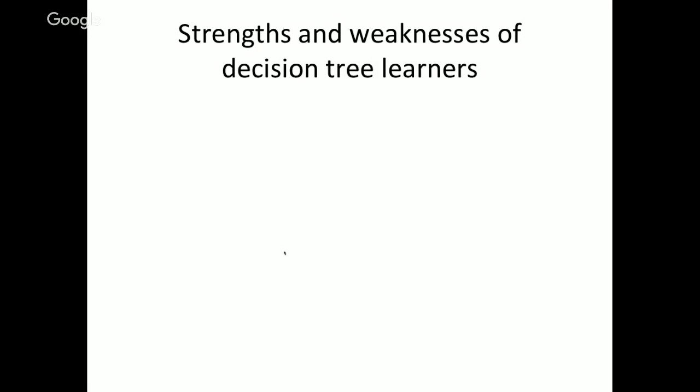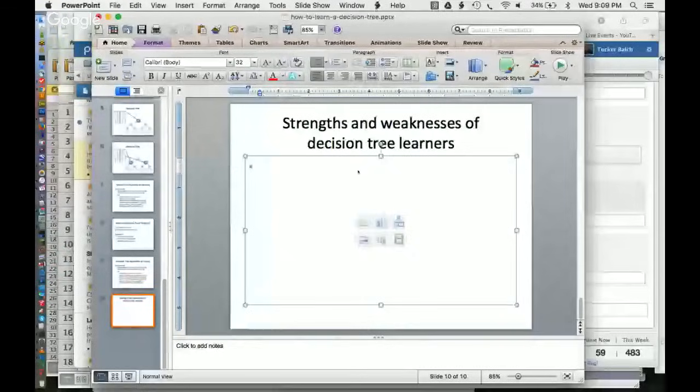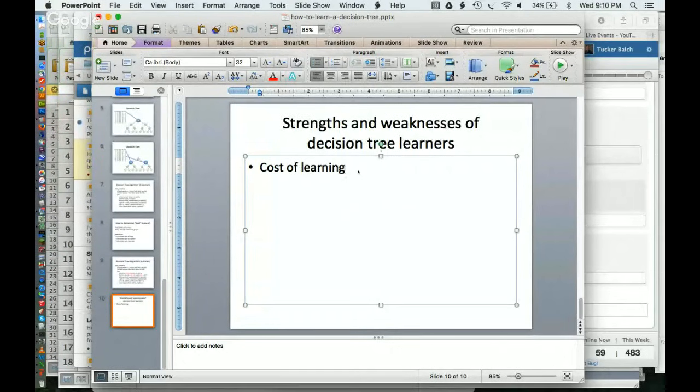Okay, strengths and weaknesses of decision tree learners. So whenever you're evaluating a learner, you should look at a few things. Let me actually build this list while I'm talking about it. Cost of learning. What's the expense of creating a decision tree compared, say, to creating a KNN learner?